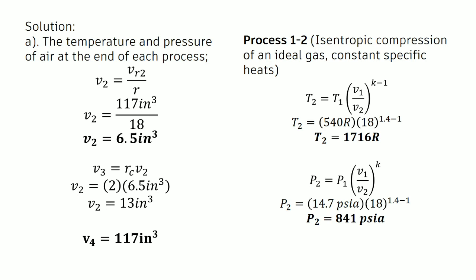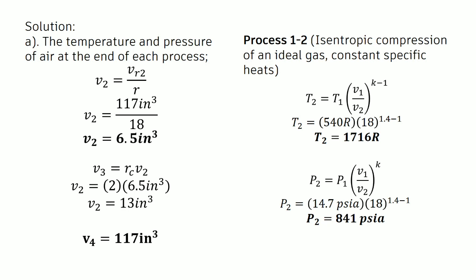For our state 3, we have this formula. It is equivalent to the cutoff ratio multiplied by our specific volume at state 2. So we have now our specific volume at state 3 to be 13 cubic inch.